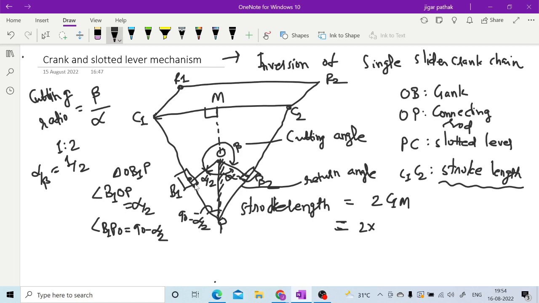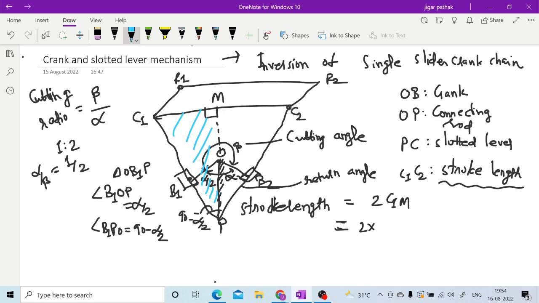If you take this triangle PC1M, then you have 90 minus alpha by 2, and PC1 is the length of the slotted lever.